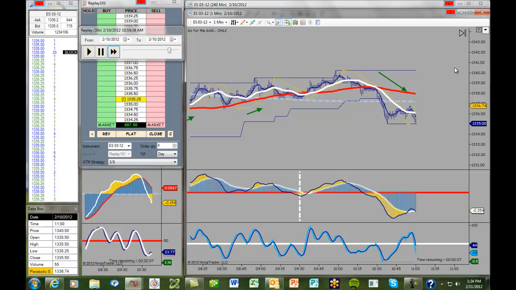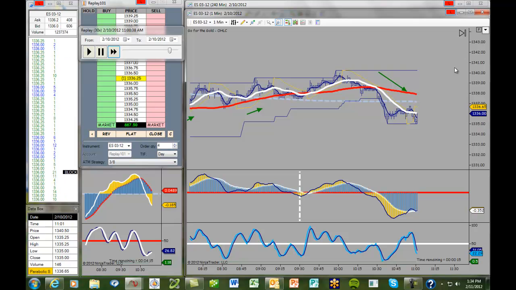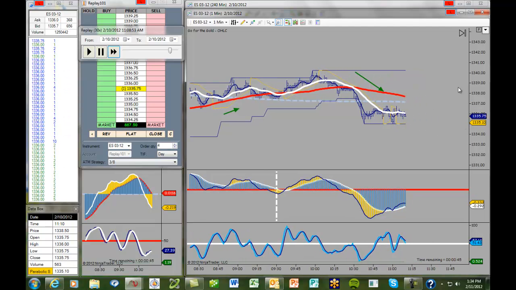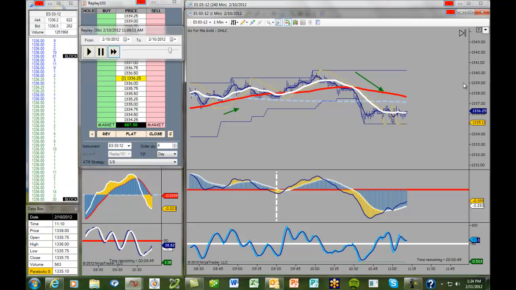Okay, we're heading down, but it didn't stick on the 5-minute side. It didn't have a close on the downside. I think you'll find, though, that even if we'd shorted right there, we still would have been okay, because it looks like the bearish MACD on the 5-minute is pretty solid.